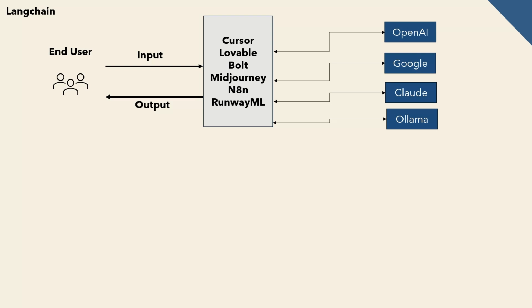This makes switching models a time consuming and error prone process. But what if there was a way to make that switch seamless? What if you could build your app once and then easily swap out the underlying LLMs without rewriting everything? That's exactly where Langchain comes in.